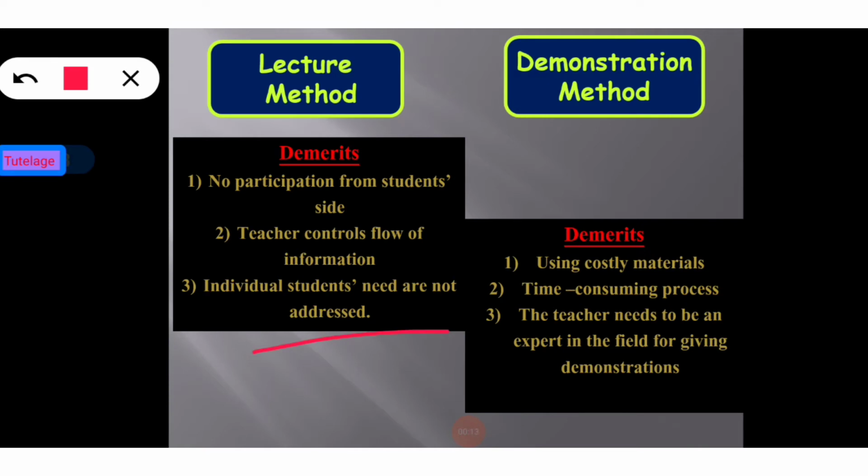We have already told there is one-way communication, and the lecture method is an oral presentation of the lesson by the teacher. So that's why there is no space for individual students' needs. And it has the tendency of becoming boring if the teacher has not planned properly. These are the important demerits of the lecture method.